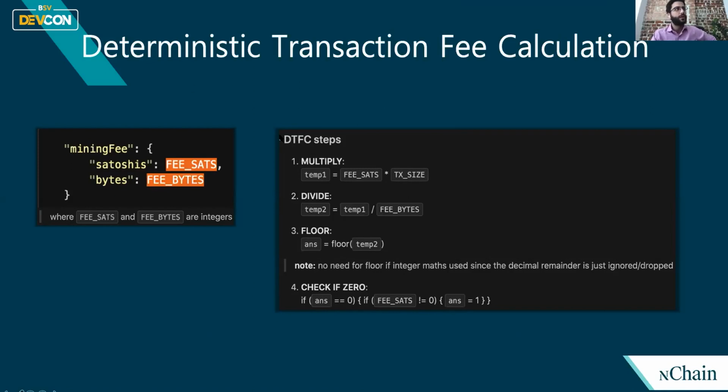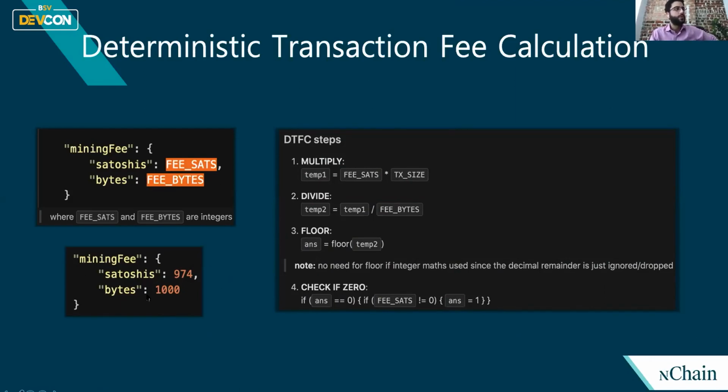You can check the specification, but instead of saying, let's say 0.5 Satoshis per byte, we would say 5 Satoshis per 10 bytes. And then these are the steps to determine the fee. We use integer maths, and then we floor the answer so that the customer never underpays by 1 Satoshi, and that's never an issue.